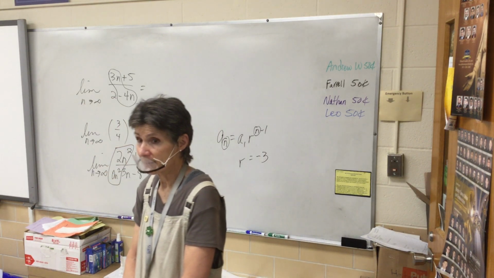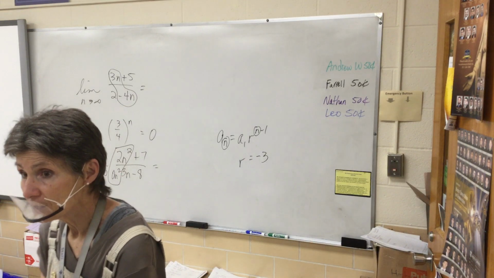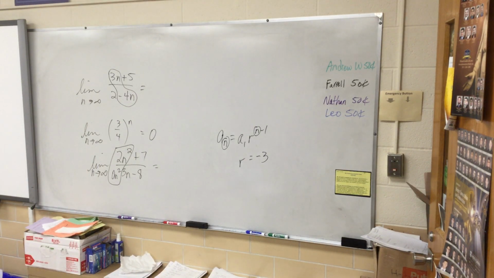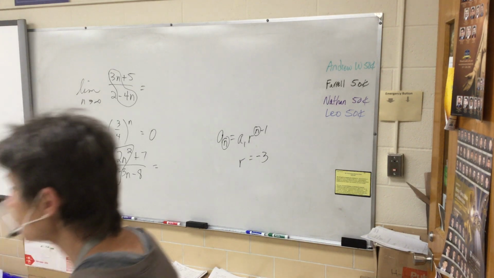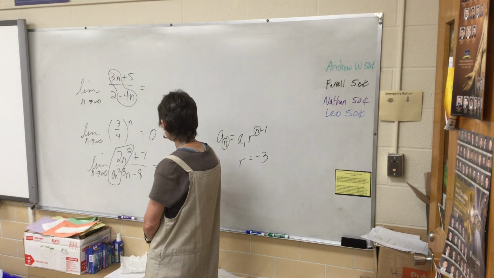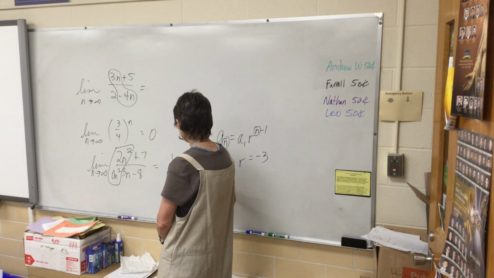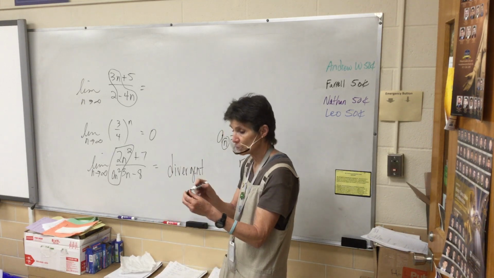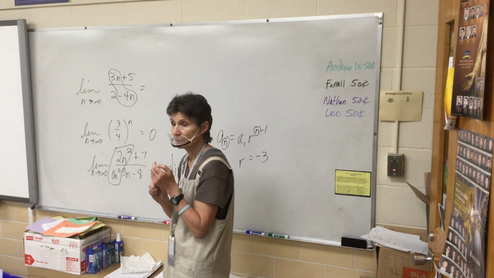So what do my numbers come out to be? 2/0, which you can't have. So what does that mean? No limit. So you either write no limit, or you write the math word, which is divergent. Doesn't matter to me which you write, but one or the other.